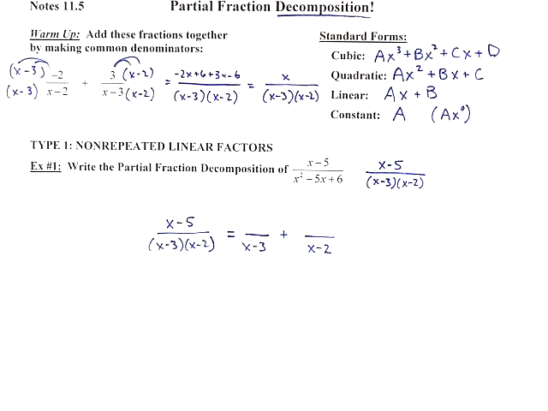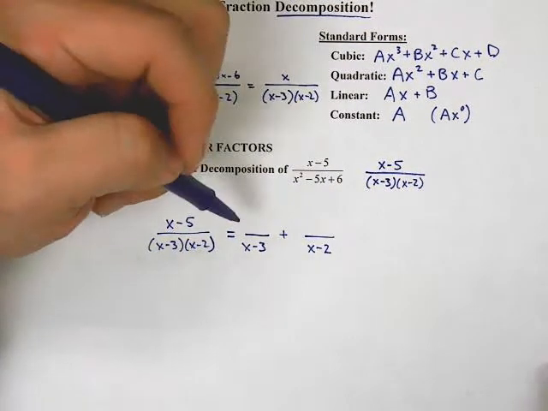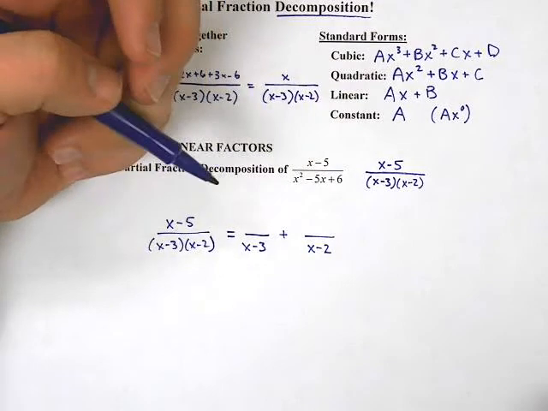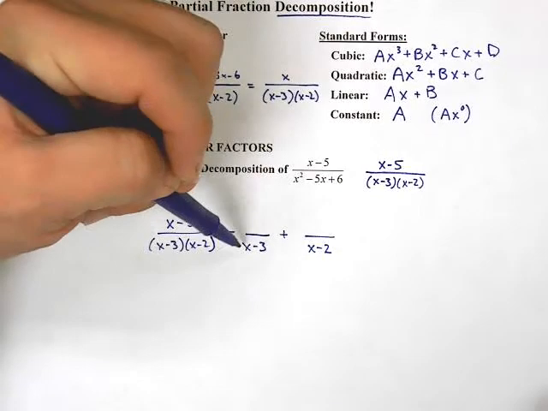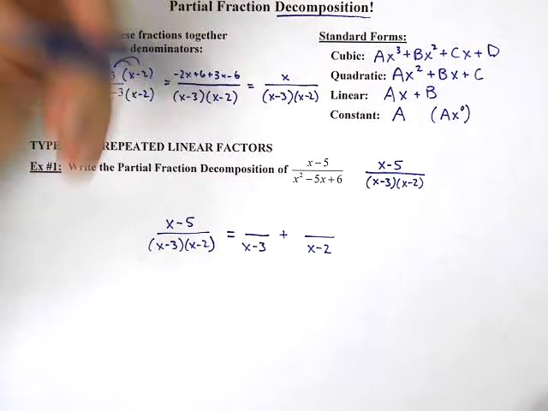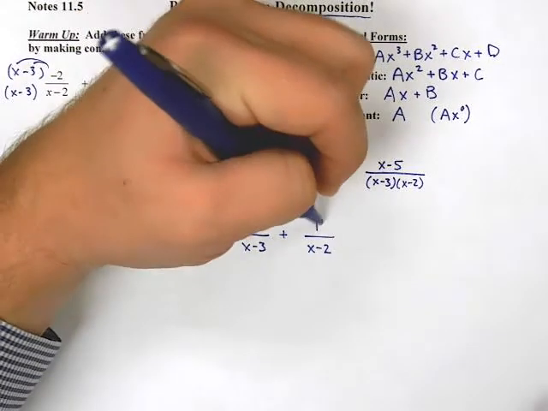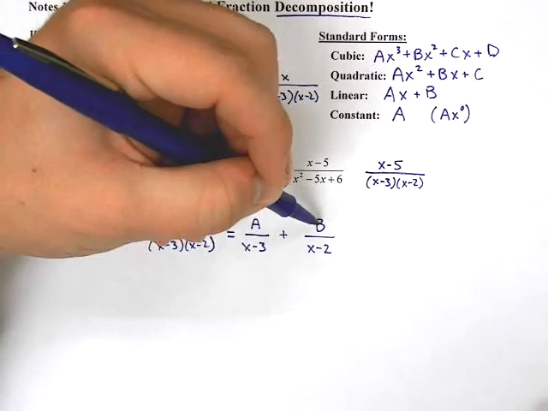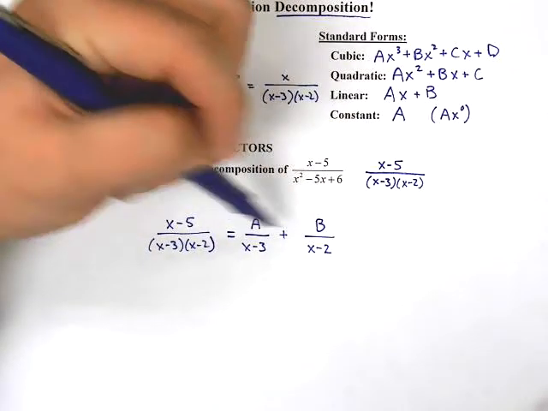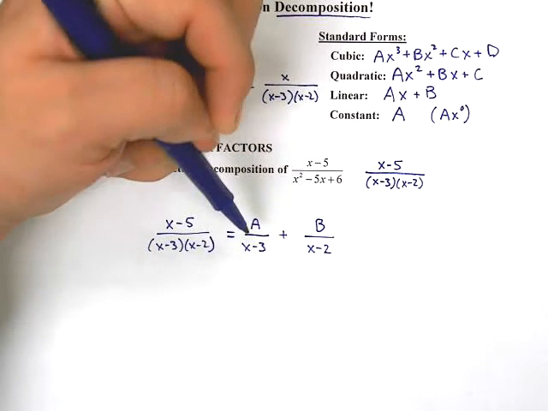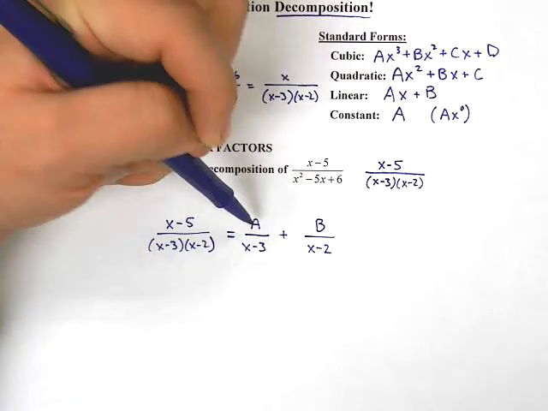After this step, the numerator should always be 1 degree less than the denominator. Because the denominators are linear, that means my numerators have to be constants. And so here I'm going to use A and B. Just be careful, we can't use the same letter. They're not necessarily going to be the same. You have to solve for them differently. So we change the letters.